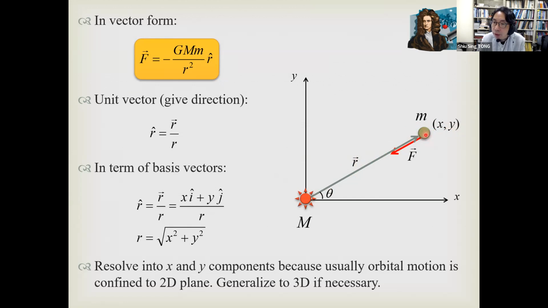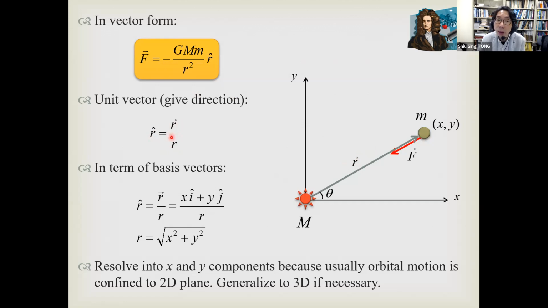Now, how do we specify a direction? The direction of the attraction force is towards the sun. Okay, so this is in the opposite direction to r. So I use a unit vector. A unit vector r hat is defined by the vector r, the position vector, divided by its length. So this is a unit vector without carrying any magnitude. The magnitude of this vector is 1.